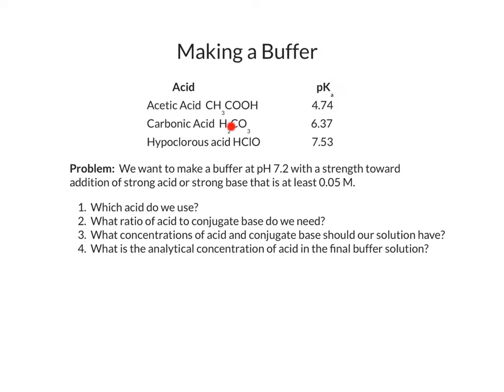Carbonic acid buffers well around a pH of about 6.4. That's a little closer to 7.2 and might be in the running, but hypochlorous acid would buffer best around 7.5, which is quite close to 7.2. And so if we were choosing, we would probably choose hypochlorous acid.